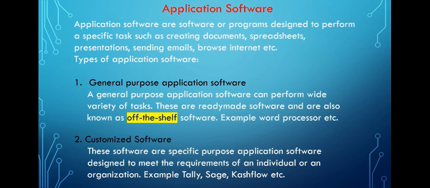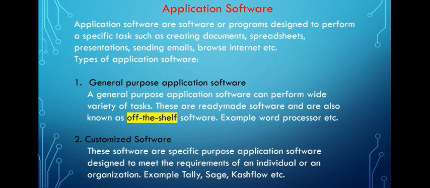Sometimes individuals or companies specially order the software engineers to make software for them. So these types of software that meet the requirements of any company or organization or some person are called customized softwares.